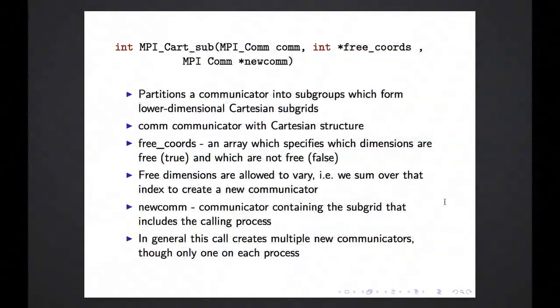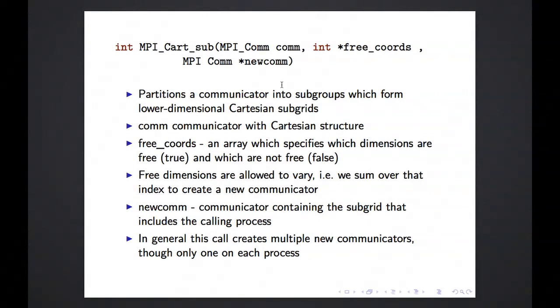And here's a way to create new communicators. Now, this is something quite convenient. So let's say you have a multi-dimensional Cartesian topology and you want to create a communicator using some slice of this old communicator. So let's say you have a two-dimensional, row by column set of processes, and you want to create a communicator for each row.